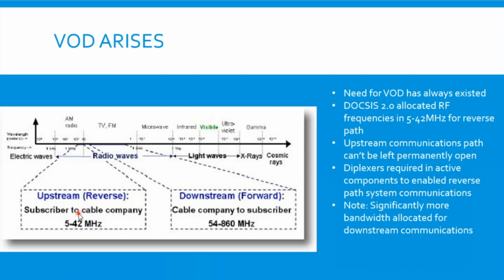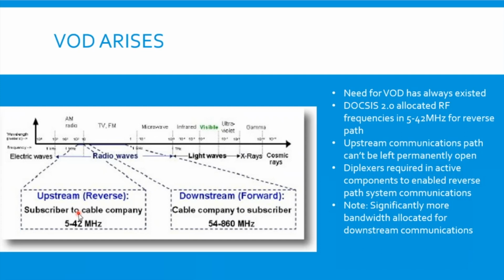The problem that we ran into, DOCSIS 2.0, DOCSIS 3.0, is this isn't enough bandwidth for where we were headed, right? When I say 5 to 42 megahertz, those are center frequencies. Each RF frequency is roughly 6 megahertz wide.